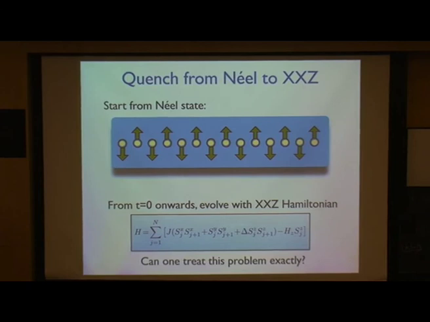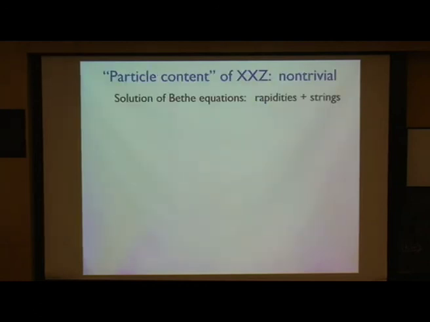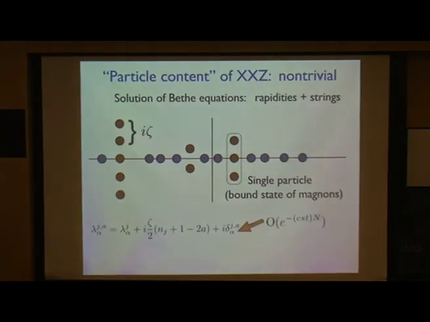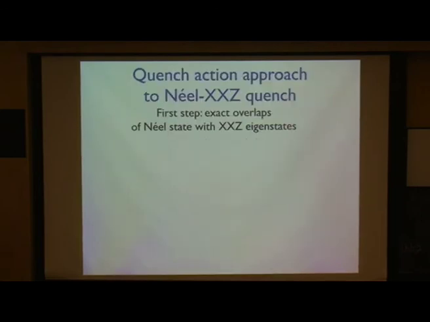Once again, to treat this problem exactly, we need the exact overlaps between the Néel state and the Bethe ansatz eigenstates. And here, of course, the business is quite non-trivial because the particle content of spin chains is very complex, so you have to be careful how you solve all these things.